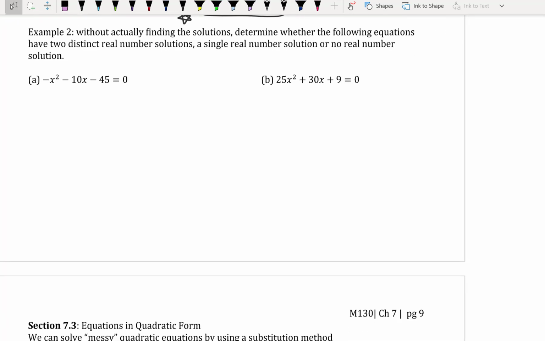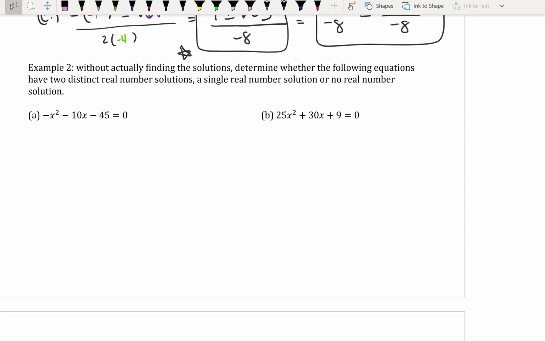Now, example number 2. It says, without actually finding the solutions, determine whether the following equations have two distinct real number solutions, a single real number solution, or no real number solution. Here it doesn't actually tell you what you're using, but you're basically looking at the discriminant, which is b squared minus 4ac.